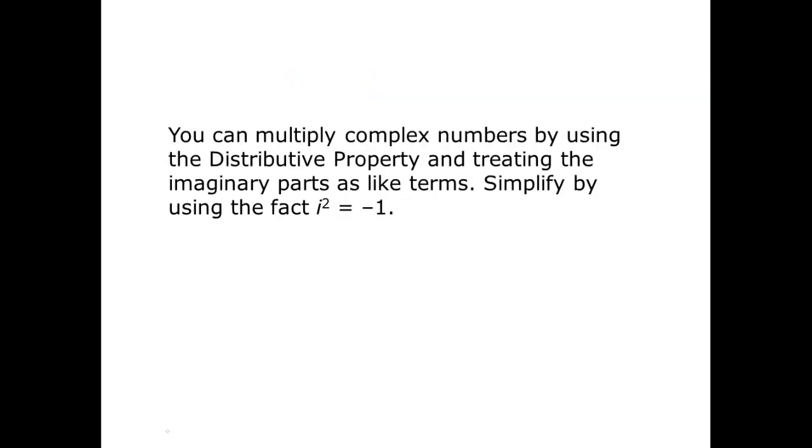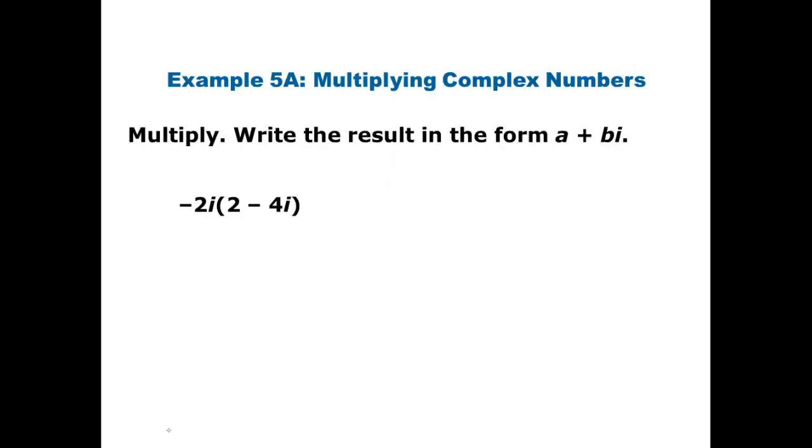We're also going to look at multiplying complex numbers. Okay, and an important fact to remember: i squared is equal to -1. Alright, so if we multiply -2i times the quantity 2 minus 4i, what we want to do first is distribute the -2i.